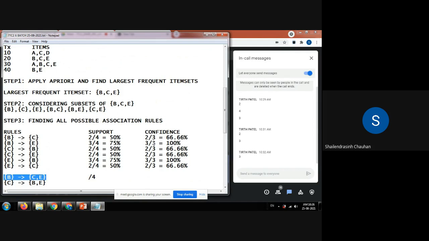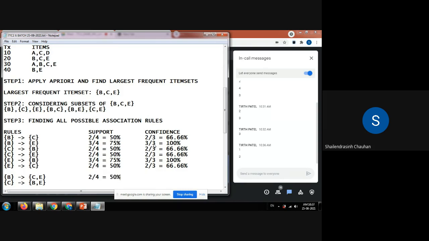How many transactions are having all items together? Okay, again observe the table. B, C, E all. Exactly. 2, that is 20, 30. So it is having 50% of support.